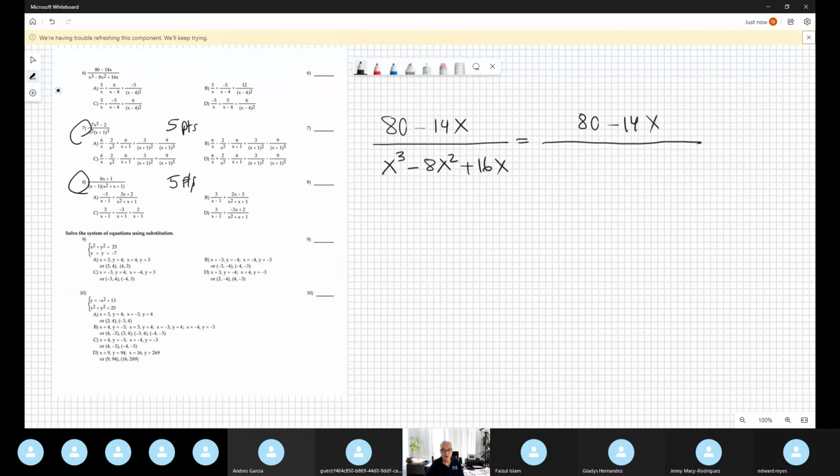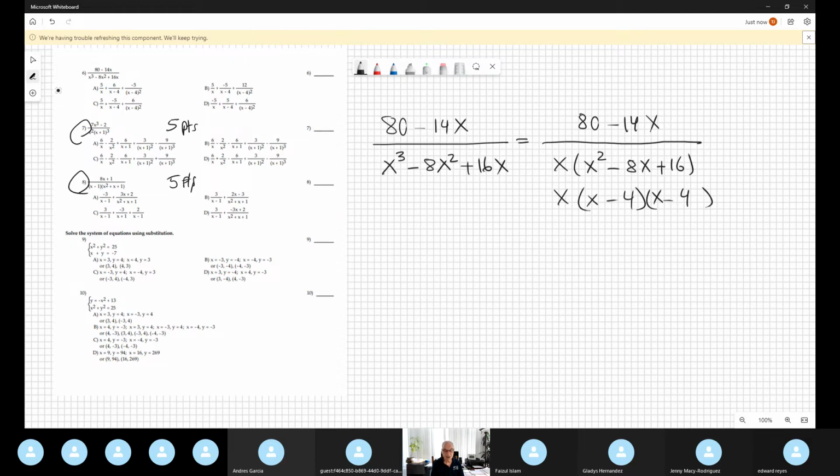The greatest common factor is obviously x. We have x squared minus 8x plus 16. Now be ready to factor the trinomial. x, parentheses, x, and the combination that opens the door of the trinomial is 4 and 4, because 4 times 4 is 16 and 4 plus 4 is 8, and both negative.